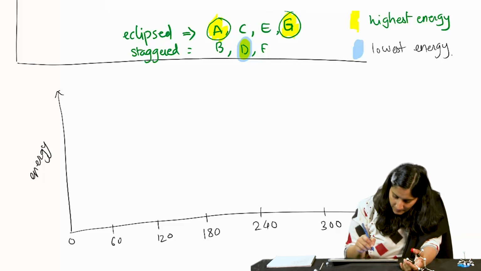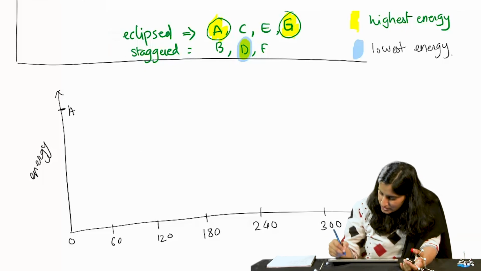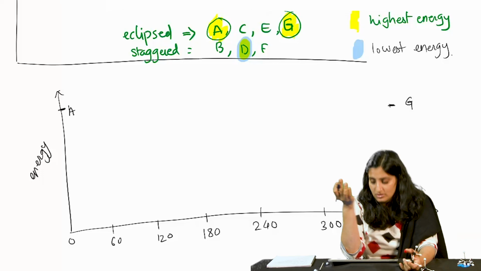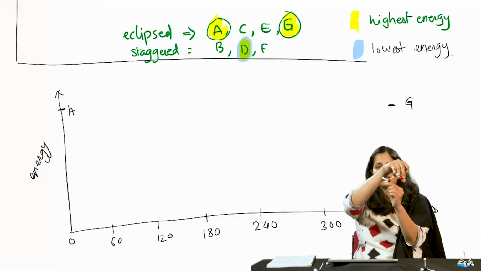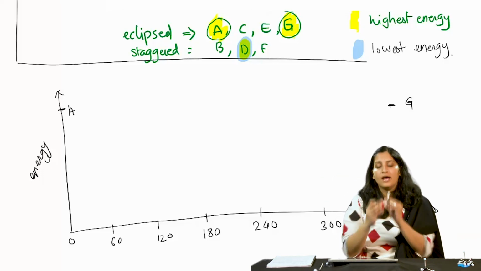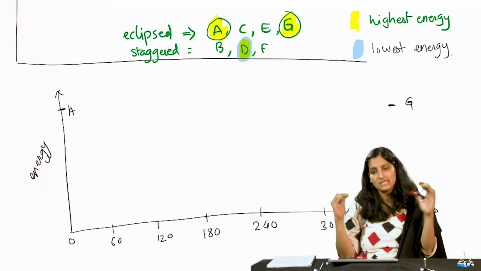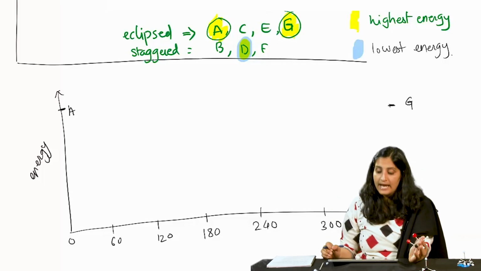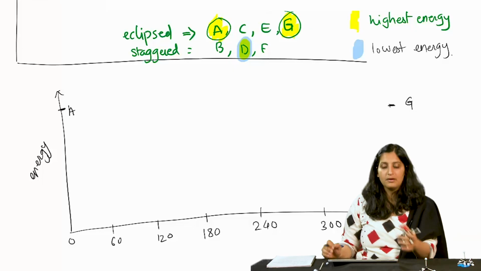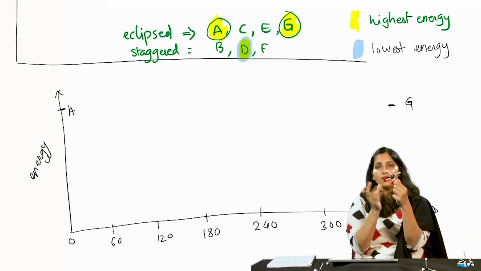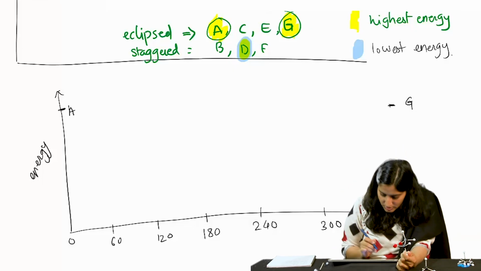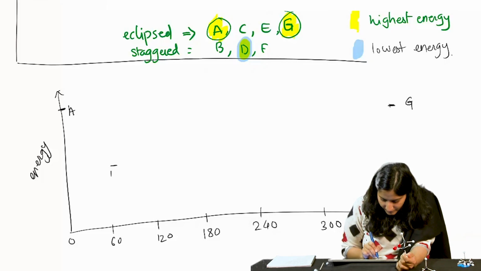So, I will place A here at the highest point and G also at the highest point. A and G are the same as each other because we complete one full rotation and get back to G. So, they will have the same energy. Now, from A, when we go to B, remember it is a staggered one and there is a gauche interaction. So, the energy of B will be a little lower.